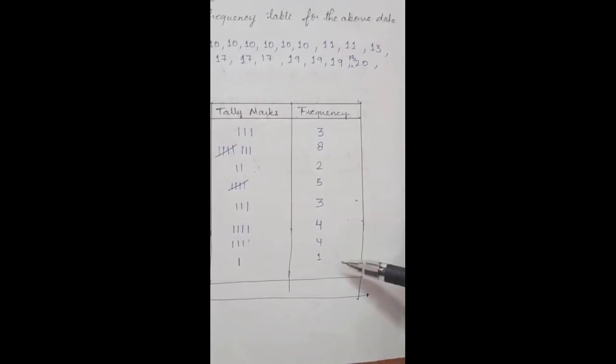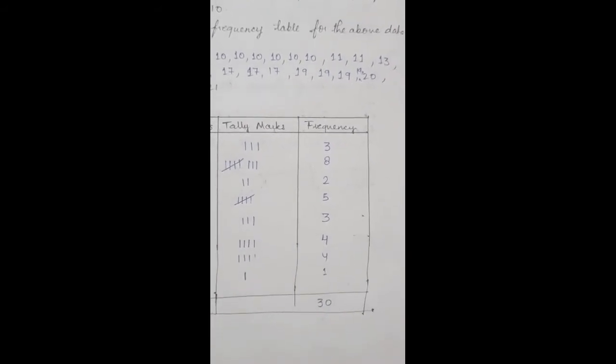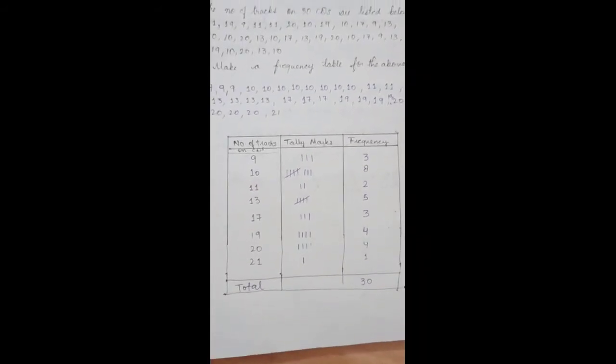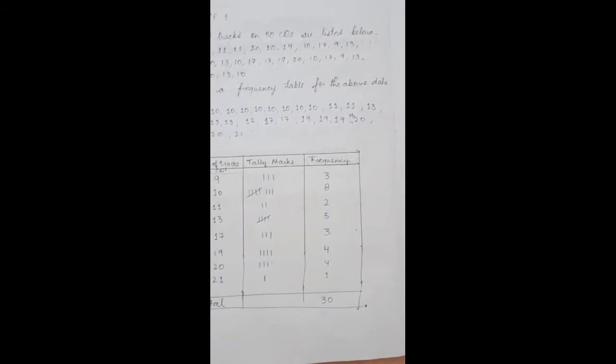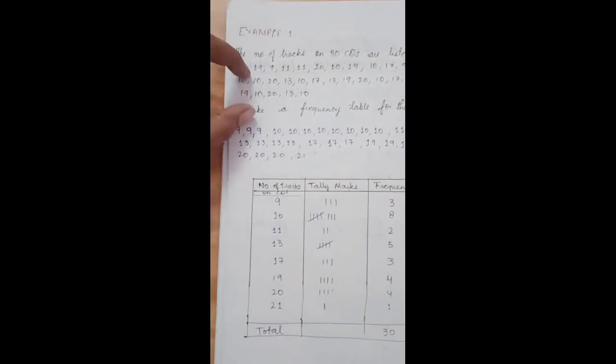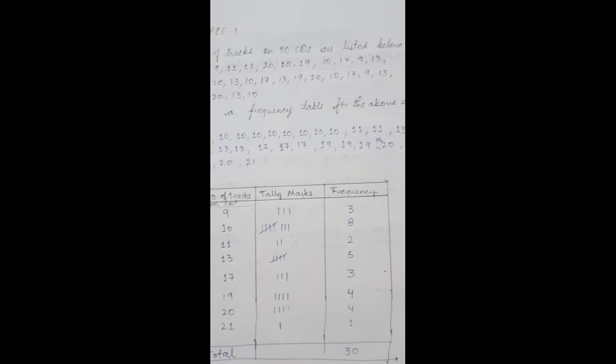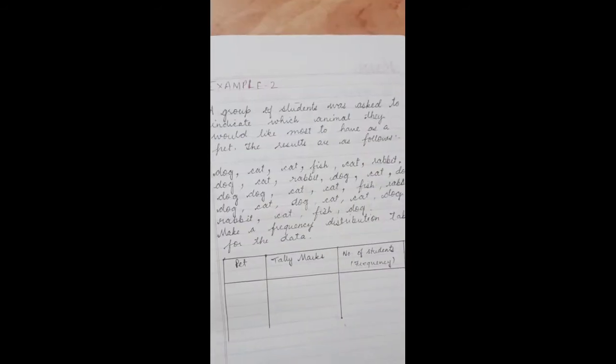So the sum of these frequencies is 30. This is our frequency table. When the data is given, what we do first, we arrange that data in ascending order, then we make a frequency table.